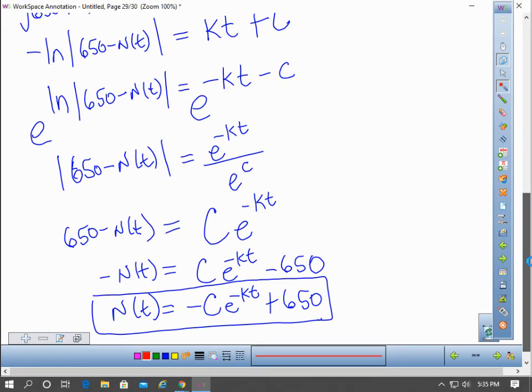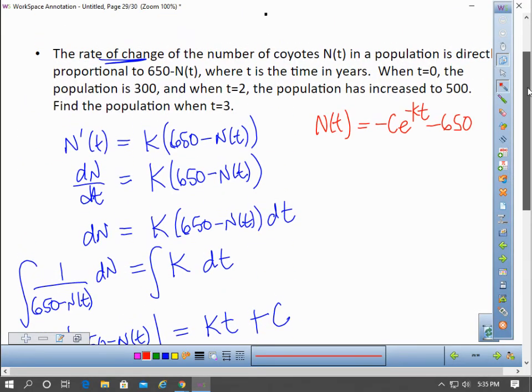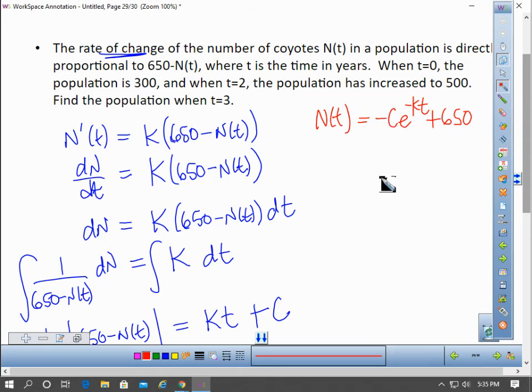So negative c e to the negative kt plus 650. All right. Okay, so it says when t equals 0, the population is 300. And this plus 650 is going to change my c value, because normally when t is 0, the initial amount is your c value, but we got this plus 650, which is changing the situation a little bit.